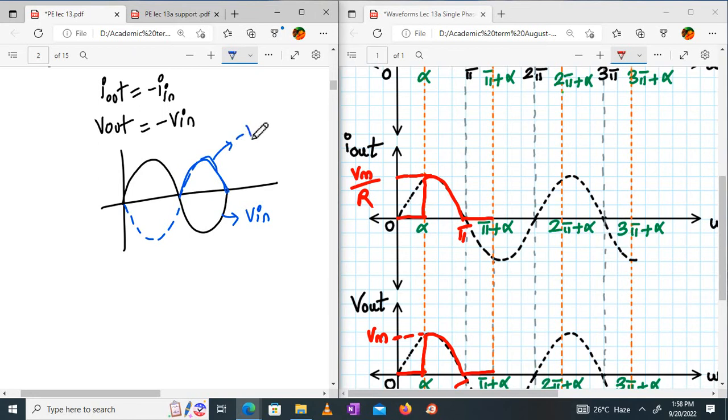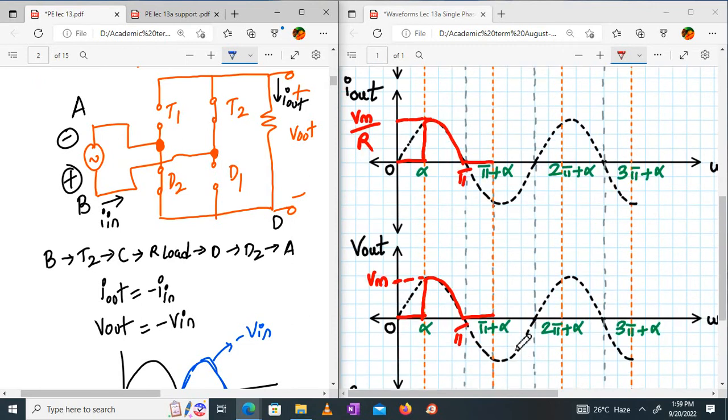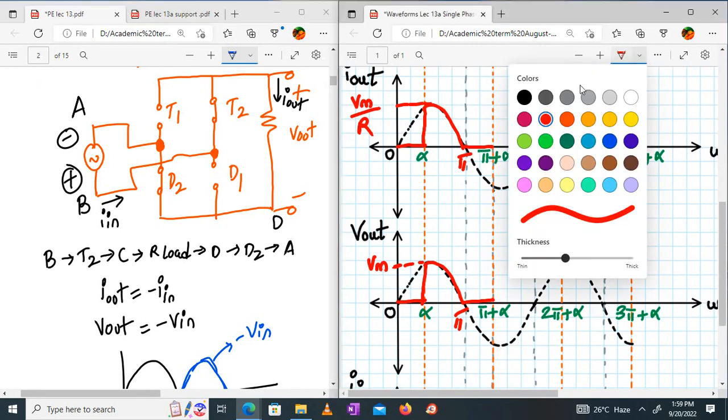The dotted line is minus V. I can say the output is following minus of V, not V. If it followed V, it would be below. That's why we say Vout follows minus V, negative of V, not V. Now, how will my output look over here?